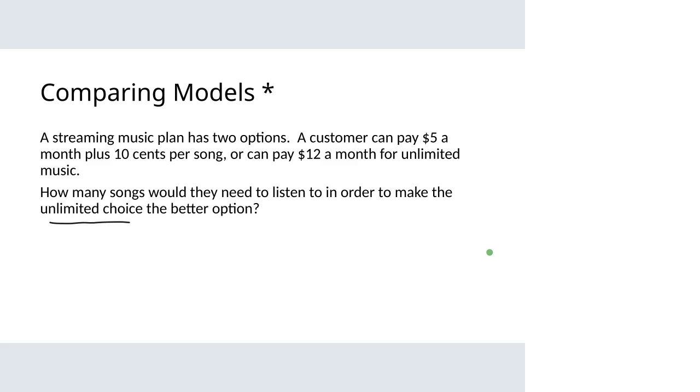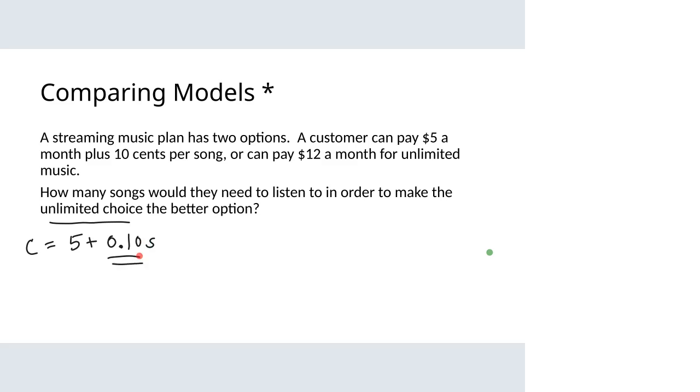So there's two different plans. The one where you pay $5 a month plus 10 cents per song. Be a little bit careful here. And you could use different variables, of course, but your cost is $5 plus 10 cents, and I'm going to do 10 cents per song.